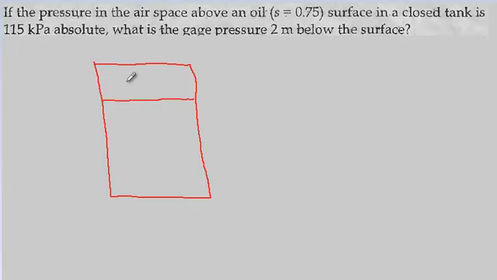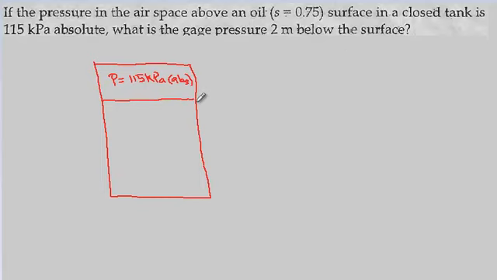at this space. The pressure here is 115 kPa absolute, and we write that with absolute there. That's the idea, 115 kilopascal absolute. And we are asked for the gauge pressure 2 meters below the surface.